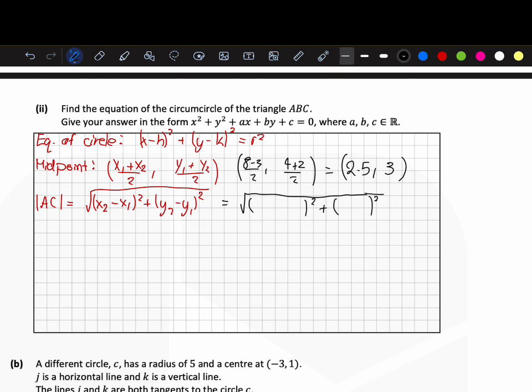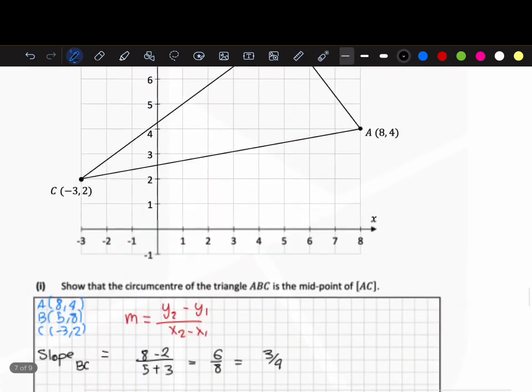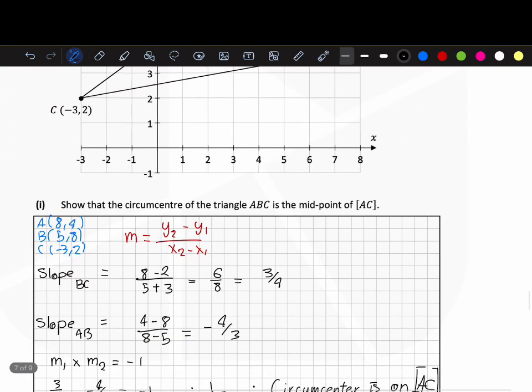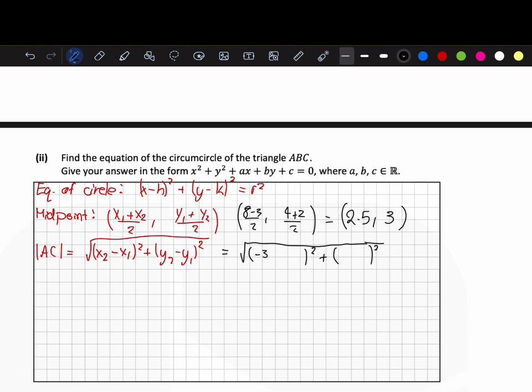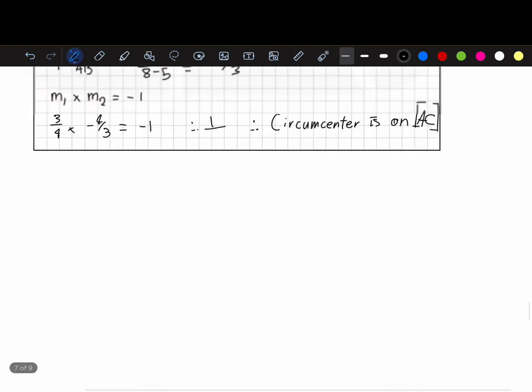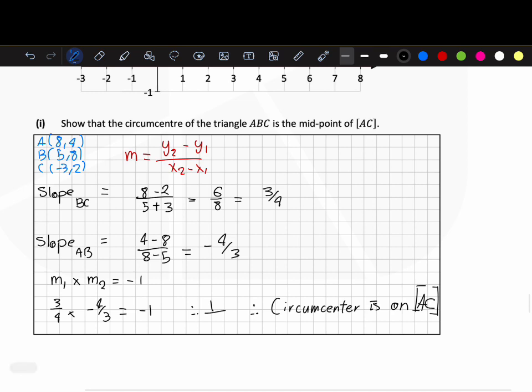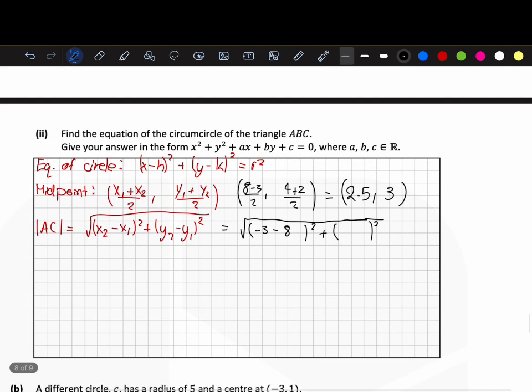So we need AC, so it's going to be −3 minus 8, and then 2 minus 4. Stick that all into your calculator, and we get 5 root 5.